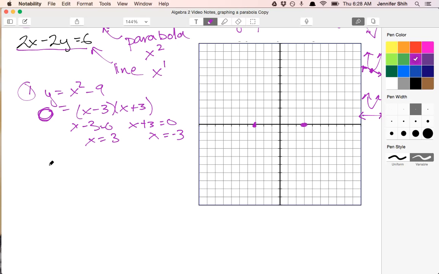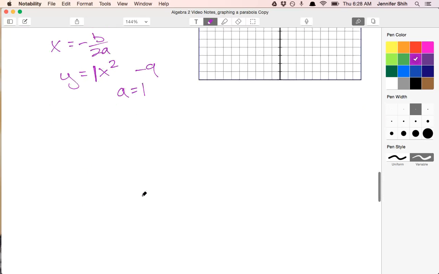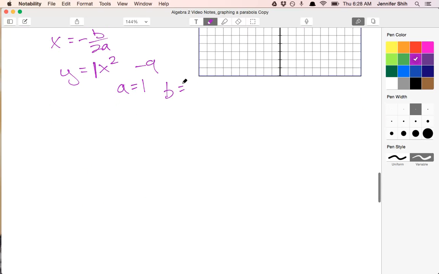Let's go find the vertex. So we have x is equal to negative b over 2a. Take a look at our quadratic. Our a value is equal to 1. Our b value is equal to, well, there's no b value, so the b value must equal 0, and our c value is equal to negative 9.